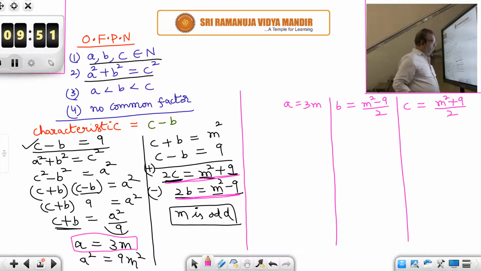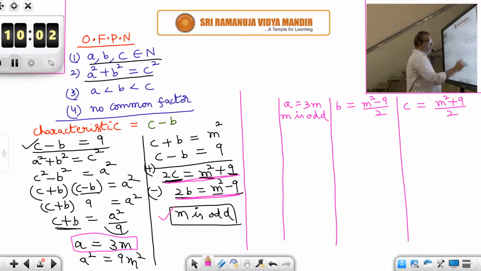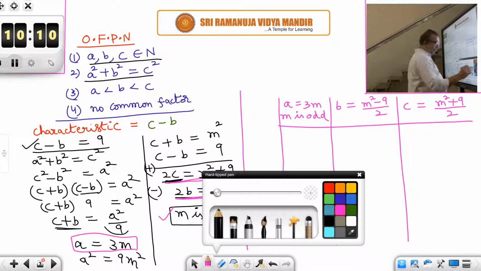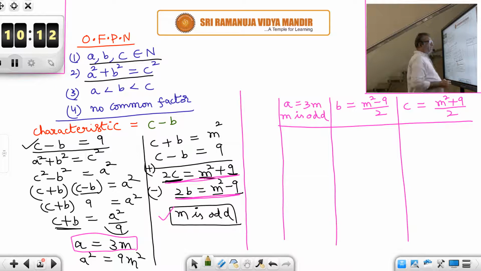And also we have decided that m must be odd. So m is odd, I'll write. So this is the table. Let us use some blue color again, or green color. So m is odd, let us put m equal to 1. M equal to 1, what do you get?